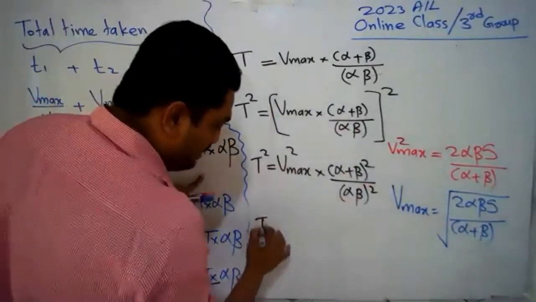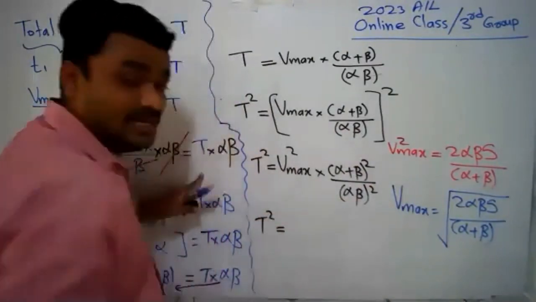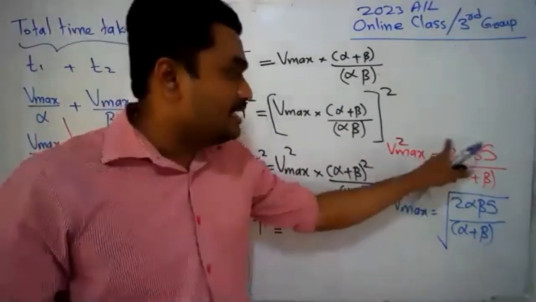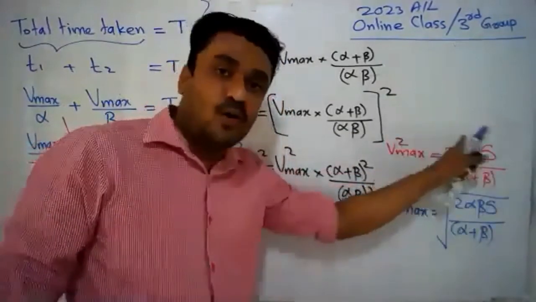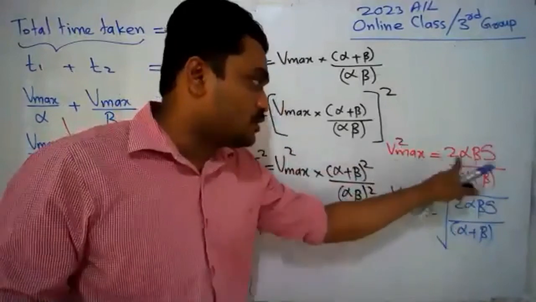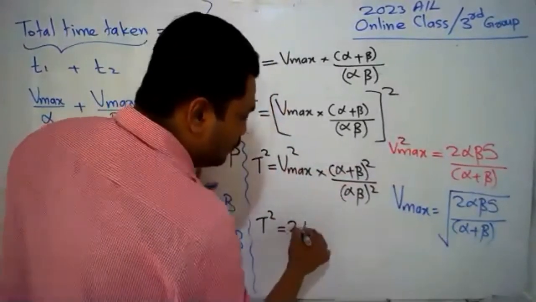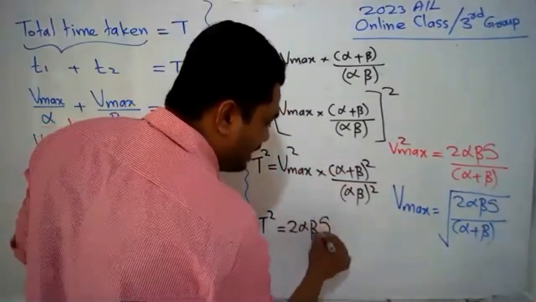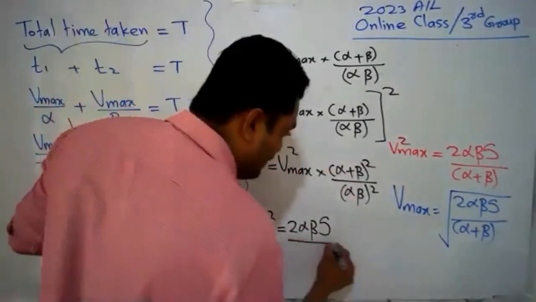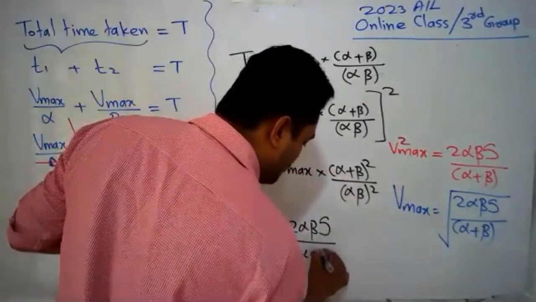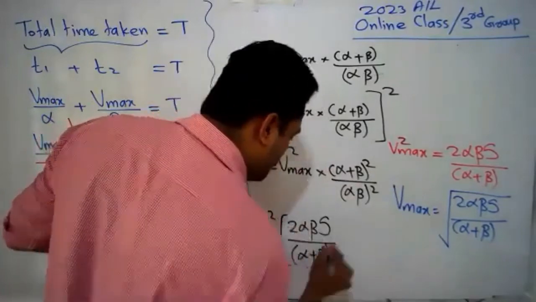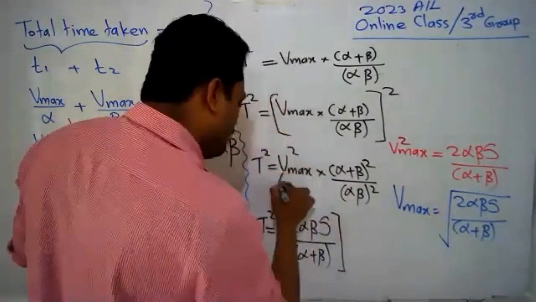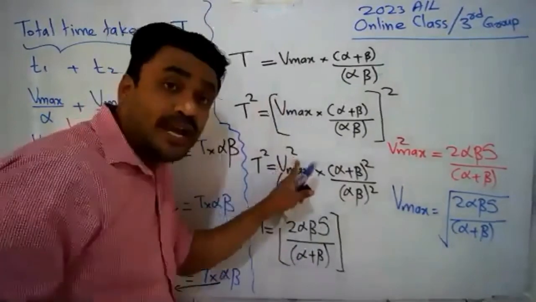Now you see T square equals V max square. Here V max square, I have written in red color. We have already obtained this equation: V max square equals 2 alpha beta S divided by alpha plus beta. So this is the expression for V max square.